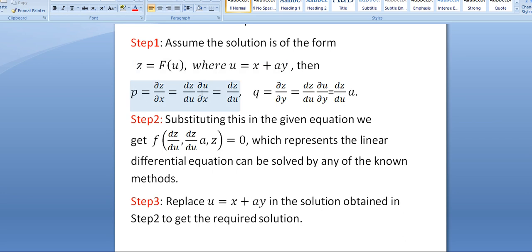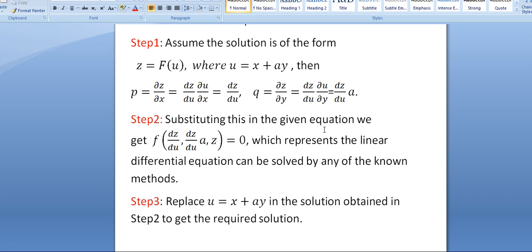So I can write p is equal to dz/du, and q will be ∂z/∂y, that can be written as dz/du into ∂u/∂y, which will be equal to a. So from this we notice that p is nothing but dz/du and q is a dz/du.